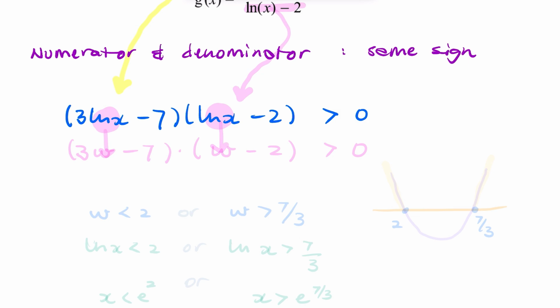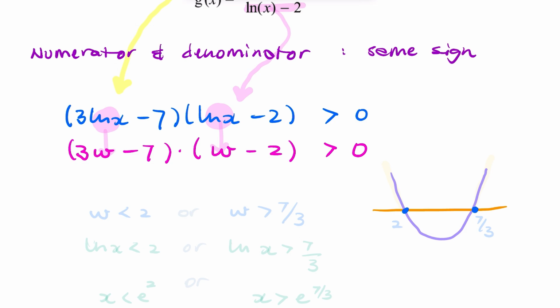So if we were to say something like 3w minus 7 times w minus 2 is greater than 0, then you would probably see that as an upward opening parabola with roots at w equals 2 and w equals 7/3.